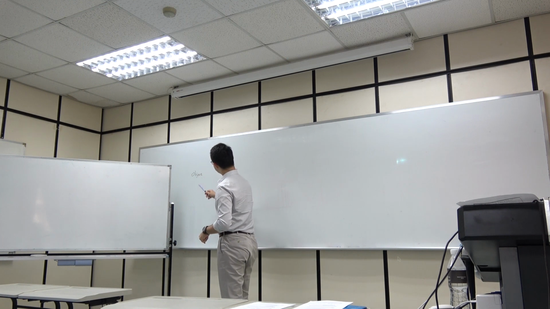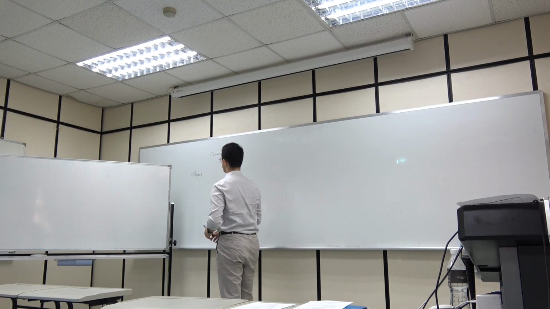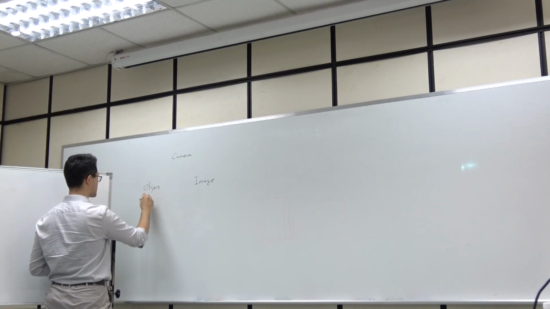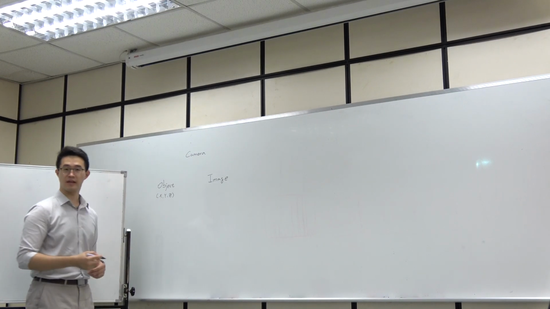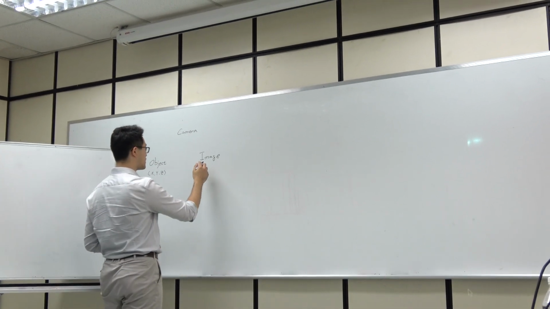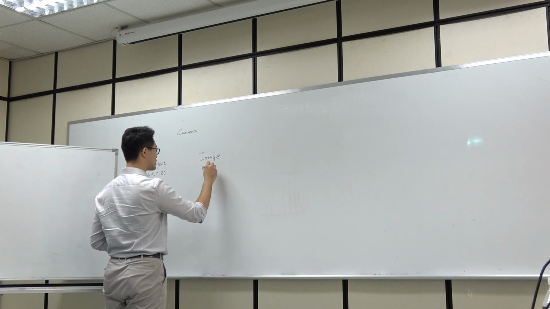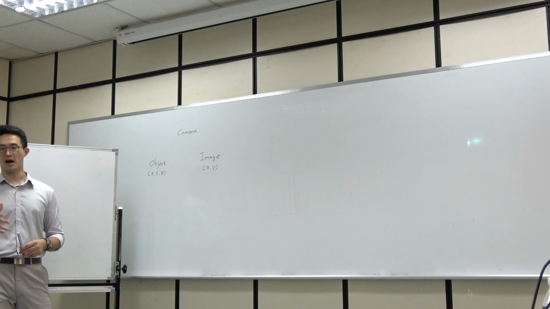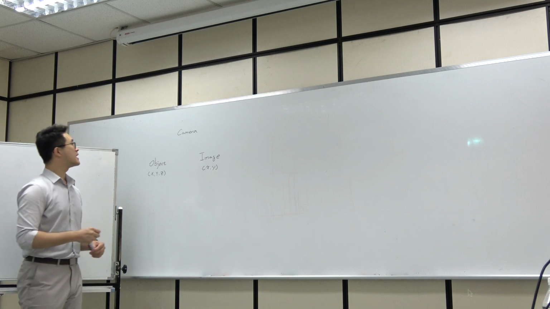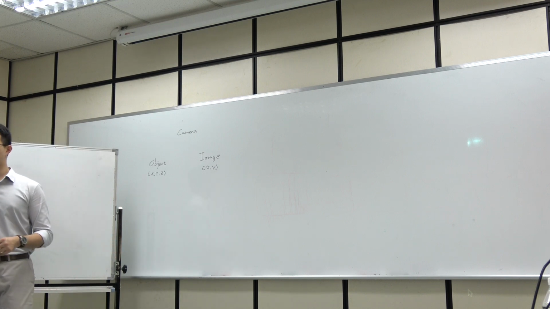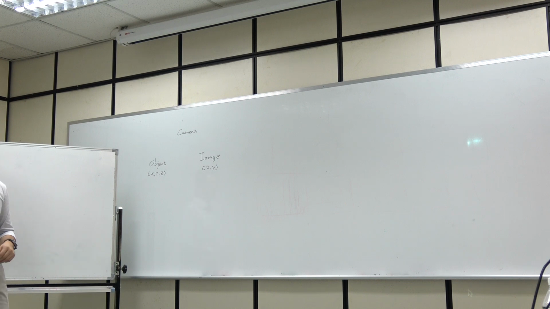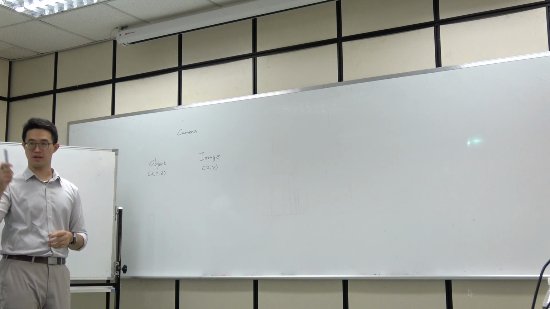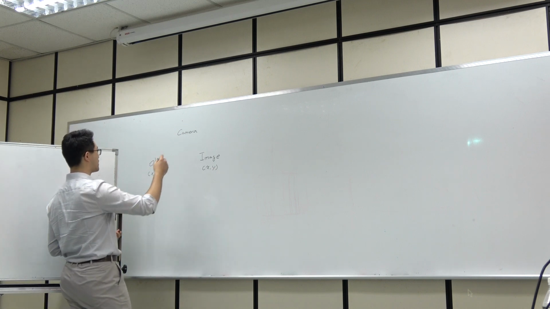So let's define it first. For example, the object could have X, Y, Z coordinates in the object space coordinate system. For the image, you will usually use small x and small y to represent it, so it is the coordinate system on the two-dimensional image. In terms of the camera, because right now we care about the geometry instead of the content on the image, we care about the camera precision.